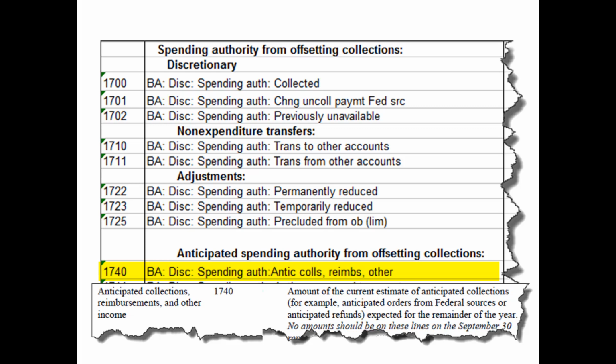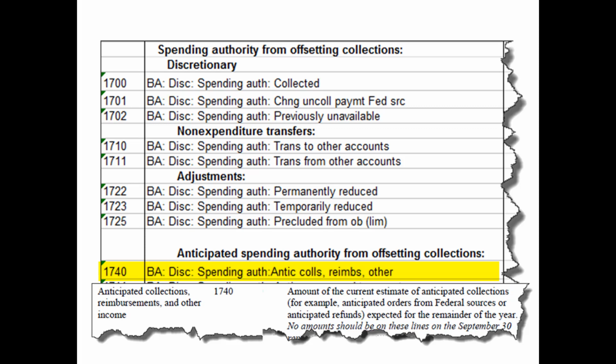As the year progresses and collections are earned, accounting entries would change the status from anticipated to receivable and finally to collected. Although you do not have to reapportion to reflect receivables in collections, if you need to prepare a reapportionment for some other reason, you should reflect the appropriate status of your collections at the time of preparation.